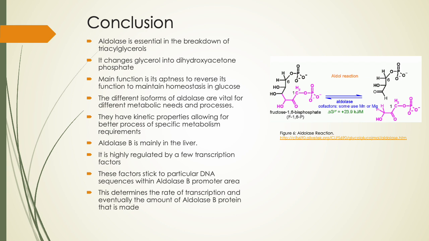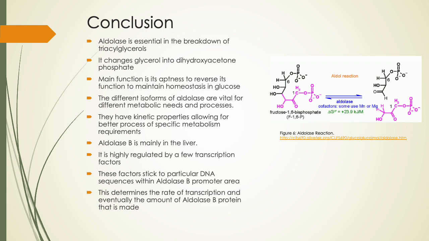In glycolysis, it converts dihydroxyacetone phosphate and glyceraldehyde 3 phosphate into fructose 1,6 bisphosphate. In gluconeogenesis, it catalyzes the breakdown of fructose 1,6 bisphosphate back into dihydroxyacetone phosphate and glyceraldehyde 3 phosphate.